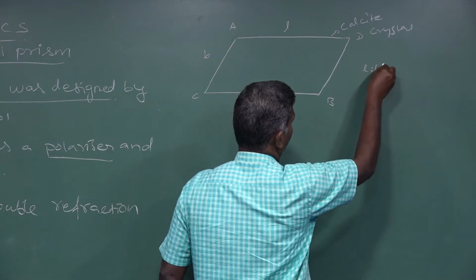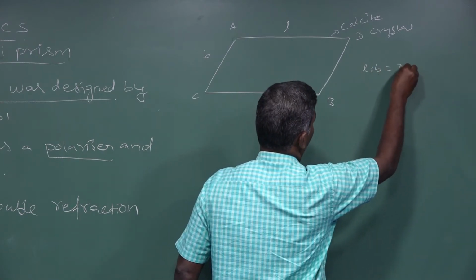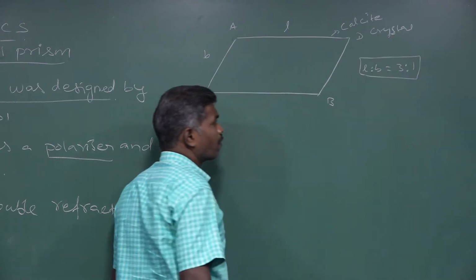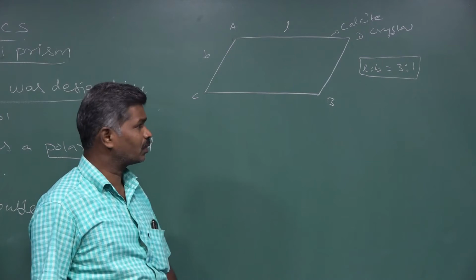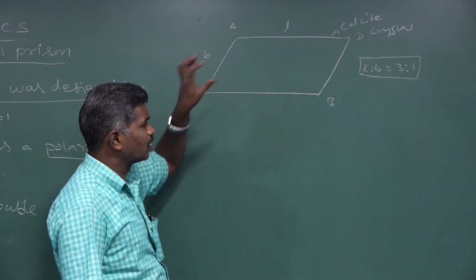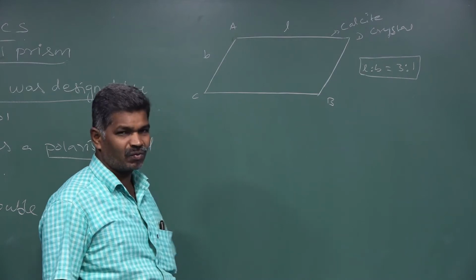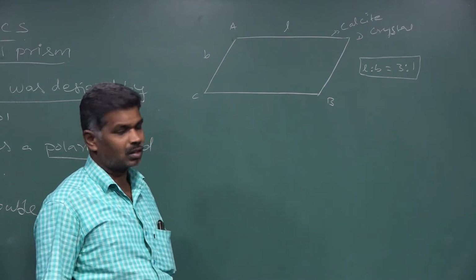Their length and breadth ratio is 3:1. That is, the length is 3 times the breadth of the calcite crystal taken. Then we have the face angles at the 4 corners.